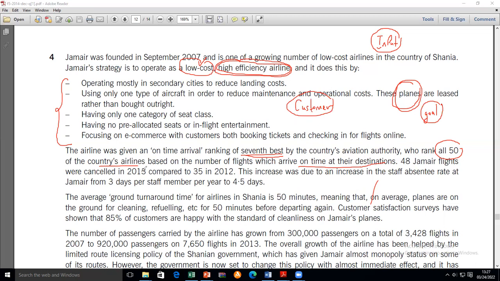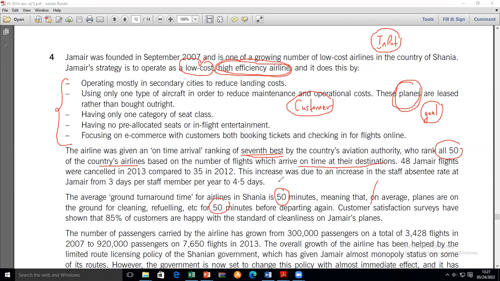Okay, I'll give you another example. The average ground turnaround time for the company is 50 minutes. Planes are on the ground refueling for about 50 minutes.